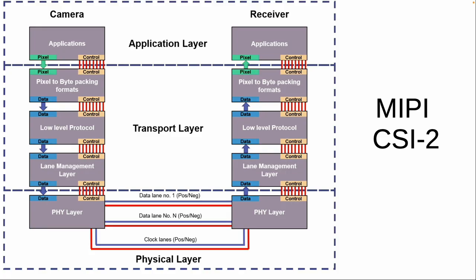And don't forget that you have to control your camera. There are typically hundreds or thousands of registers in the camera that need to get set, so the receiver can also send control signals off to the camera. So all quite complex, supporting many different use cases. Kind of one of these things built by committee.